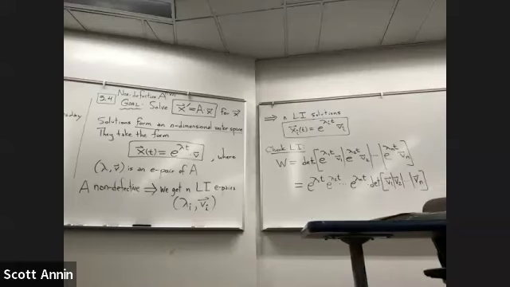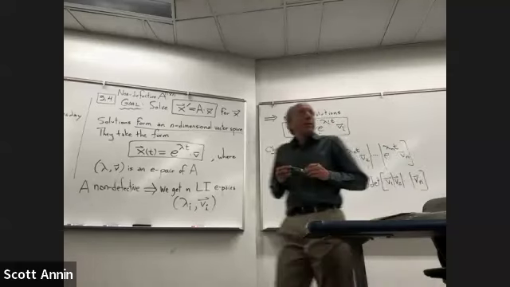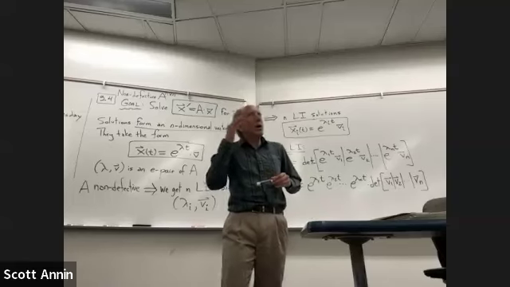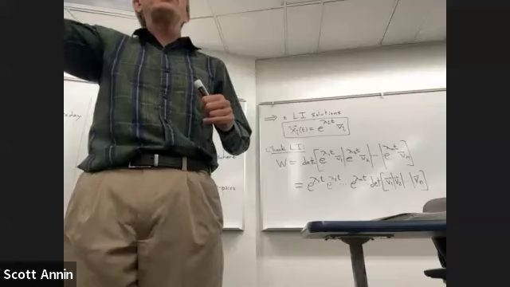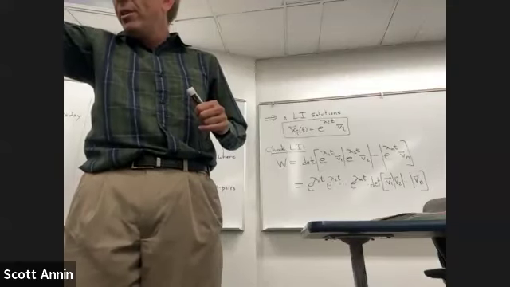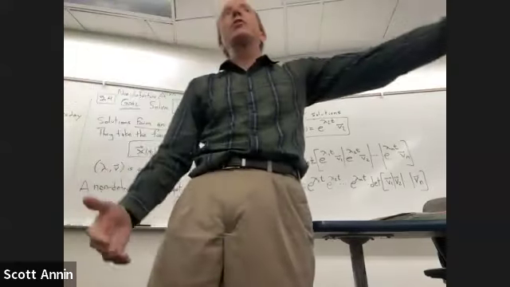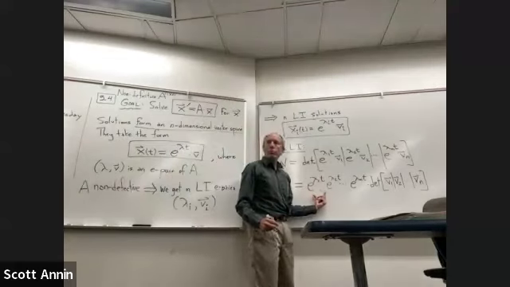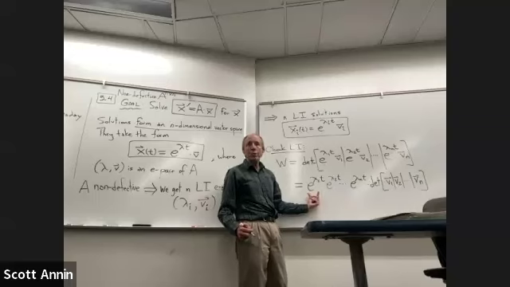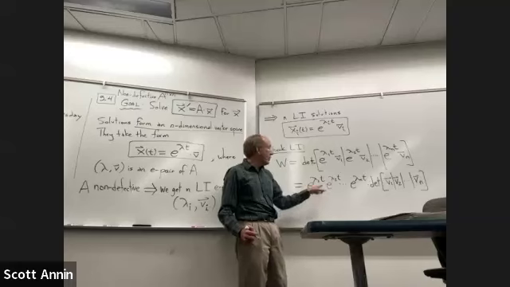Okay, so I'm doing the W test right now. I'm checking my Wronskian here. And let's remember, do you remember the W test? If the Wronskian is not 0, then the vectors are LI. Can e to the lambda t be equal to 0? No, never. Doesn't matter what t is.